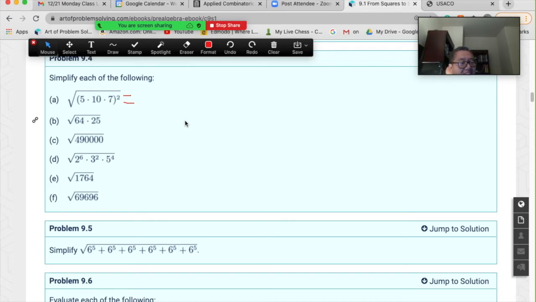Okay, now it's good. 5 times 10. Wait, you just don't look at that part. You do 5 times 10 is 50 times 7 is 350. Yes, correct. That equals 350. Okay, what's your answer for B?